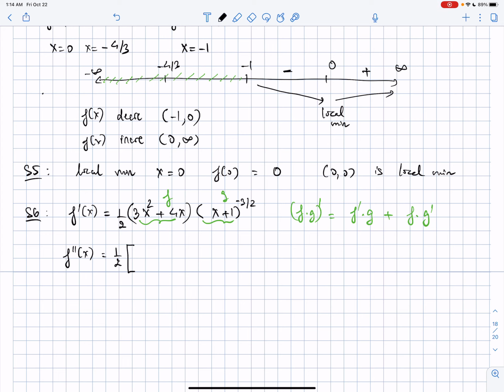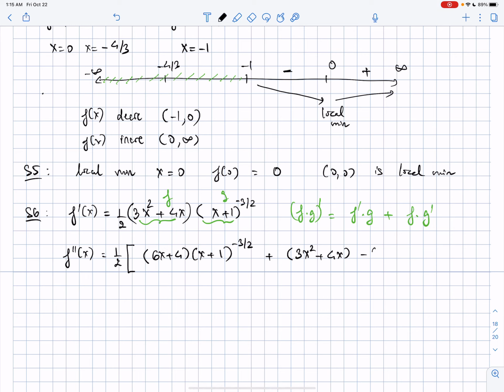So I will get (6x plus 4) times (x plus 1) to the negative 3 over 2 plus, we keep the f now, (3x squared plus 4x). Then take the derivative of g.